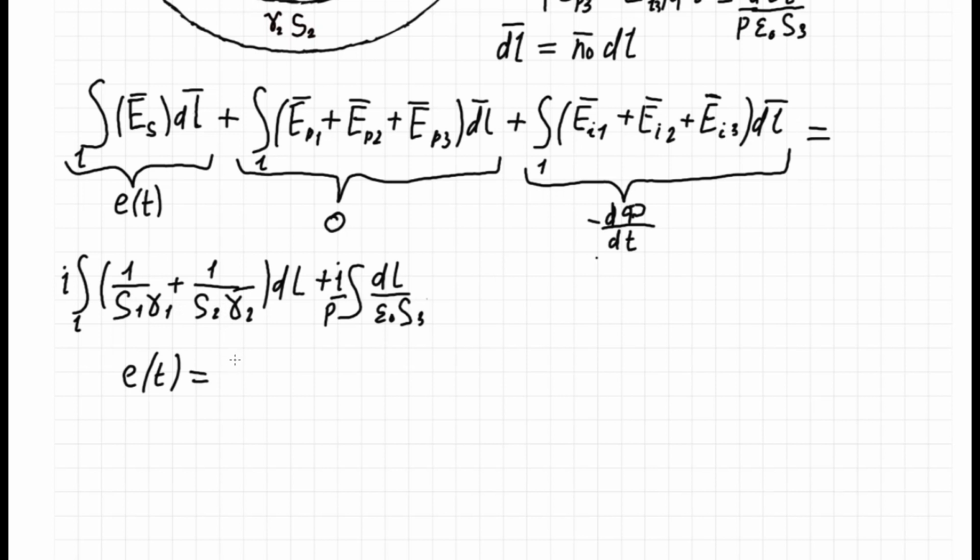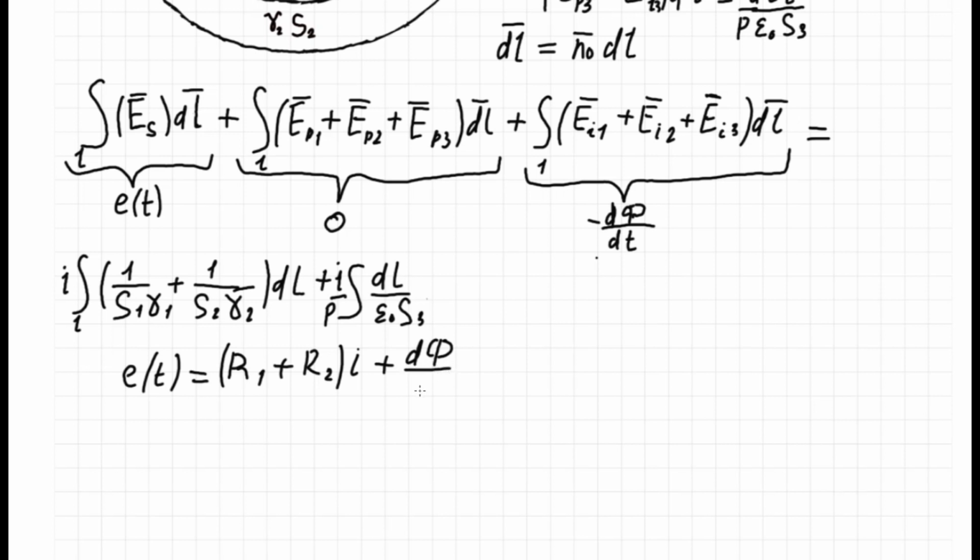And we can write resistance 1 plus resistance 2 by current, plus carry this part to the right from the left.